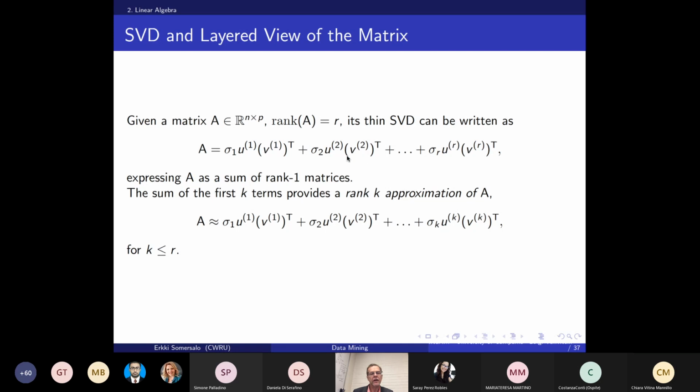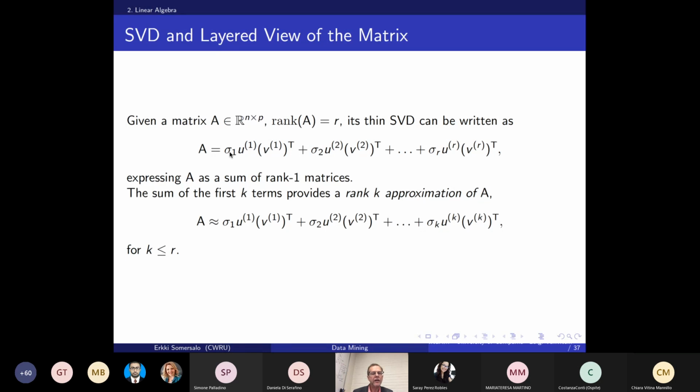Then take the second rank 1 matrix U_2 V_2 transpose, multiply by sigma_2, etc. And you go all the way to the last non-zero singular value, sigma_r. And it turns out that this is an exact decomposition of my matrix A. So there's nothing approximate here. This is an exact decomposition of my matrix A in terms of rank 1 matrices.